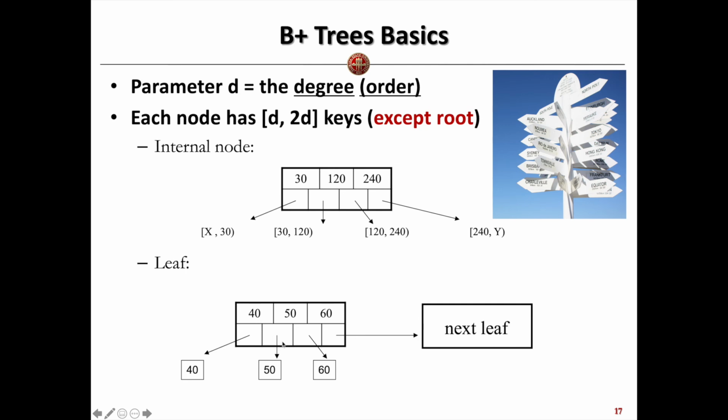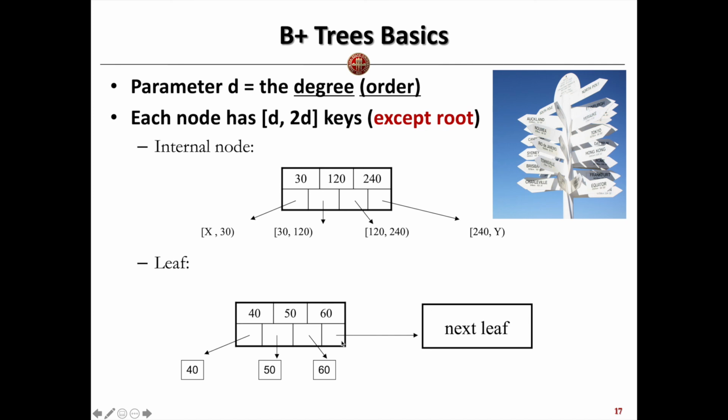This one points to a concrete tuple storing some data records with such key value equal to 50. This one points to a tuple with such key value equal to 60. Because this is a different node, it points to some concrete data tuples. All the values for these entries or tuples are equal to such keys. It's very different from here, right?